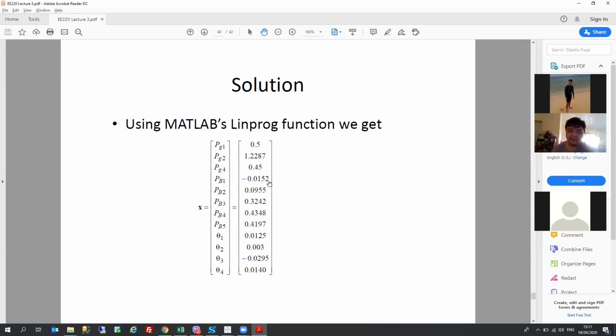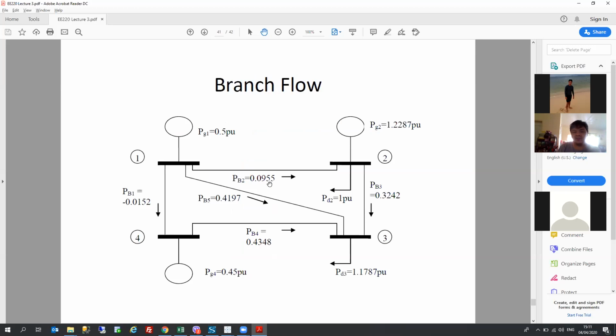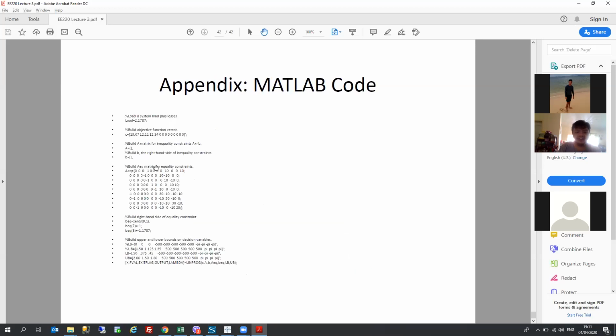Bus 4 to bus 1. Okay? Ito yung magiging final solution. Ayan, di ba? From bus 1 to bus 4, dahil negative, pabaliktad pala yun. This is the MATLAB code. If you want to solve it, and you will get that solution. Okay?